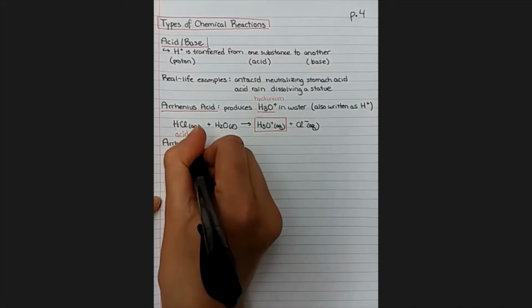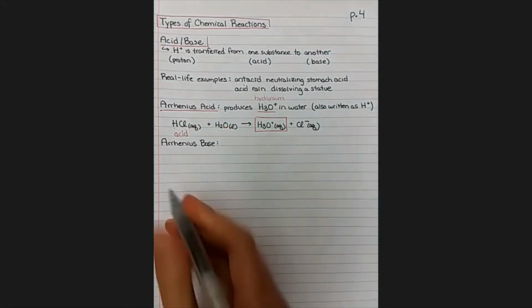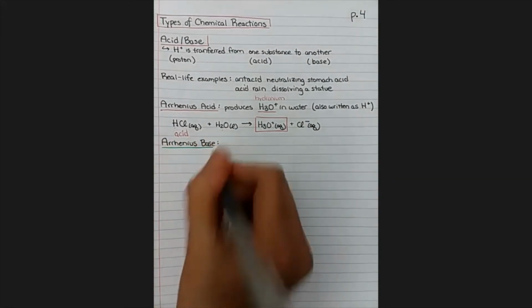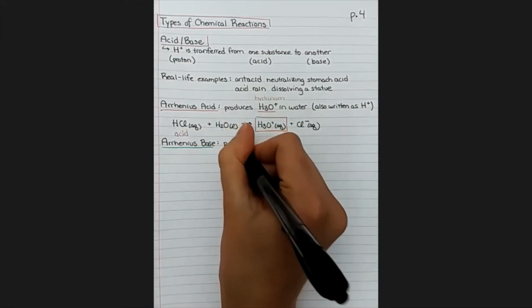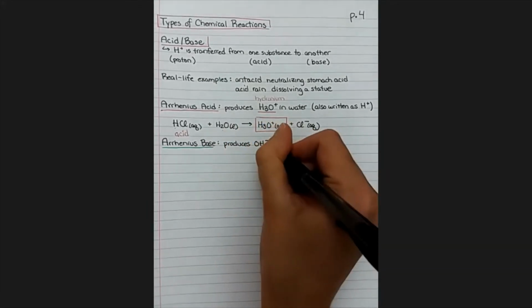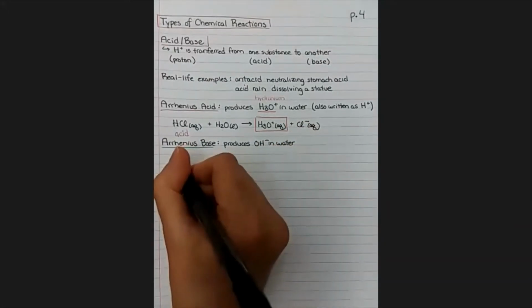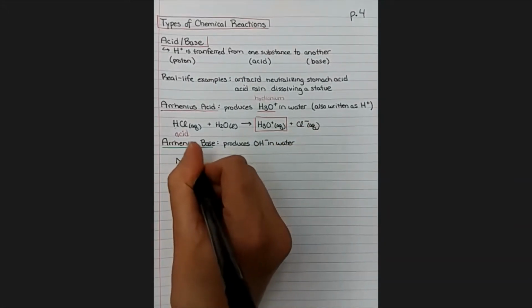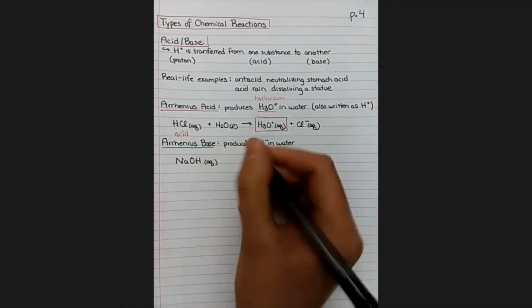So we'll move on to the Arrhenius definition of a base, which is the simplest one, but it'll work for our purposes of introduction. A base produces hydroxide in water. So here's an example of one we've already seen before because we've already talked about hydroxides as ionic compounds.